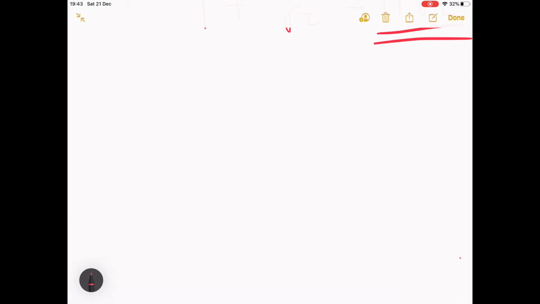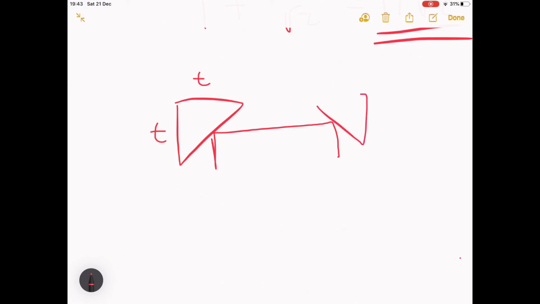So to explain this, we have the top half of our square. So we have our t and t, and then we have the top half of our square here.